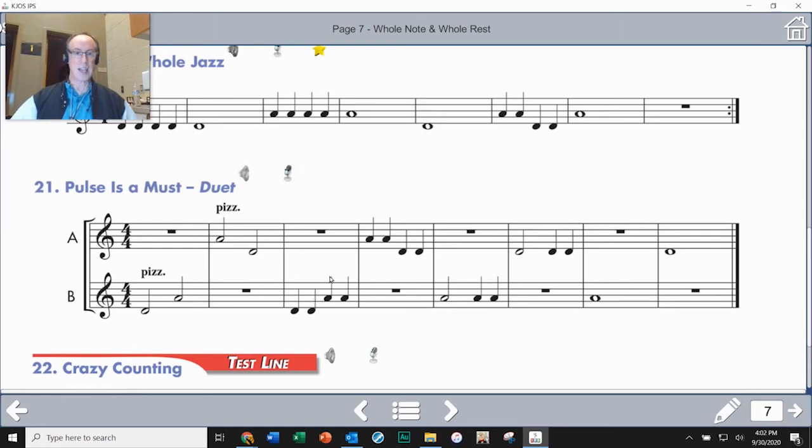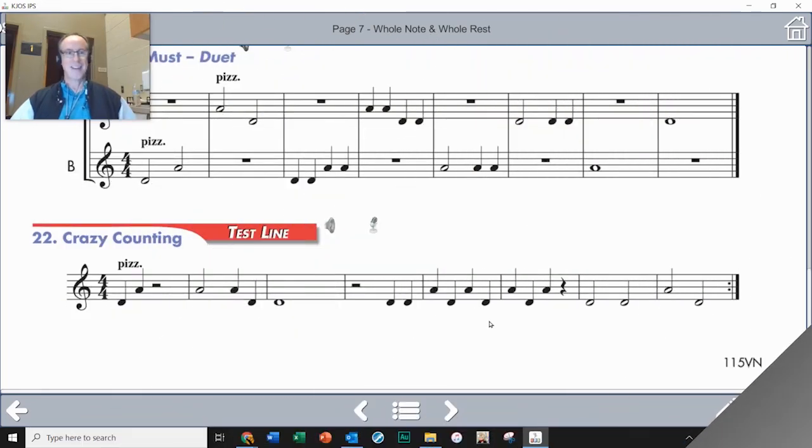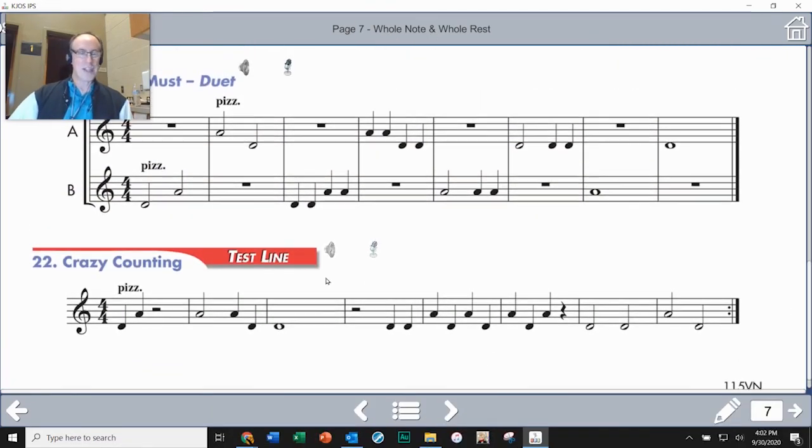D, D, A, rest, rest, rest, rest. A to A, rest, rest, rest, rest. A 2, 3, 4. Rest, rest, rest, rest. One more and we've finished the page again.